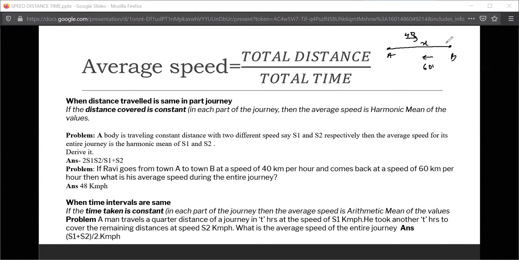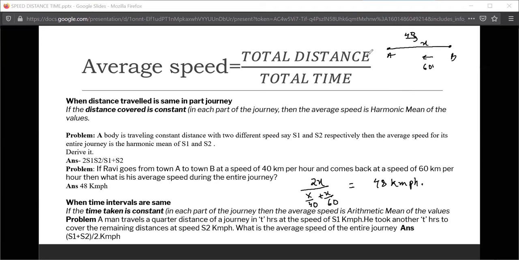Distance, let it be x. So the total distance will be x plus x, that is 2x, by x upon 40 plus x upon 60, and x will get cancelled out, and ultimately you will get 48 kmph.